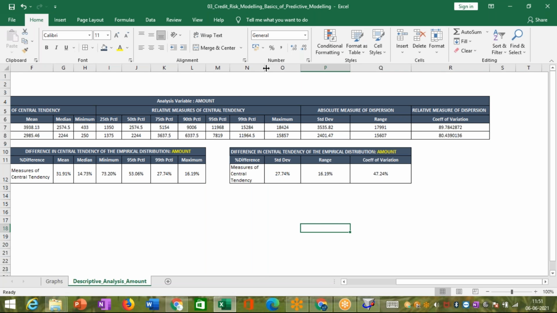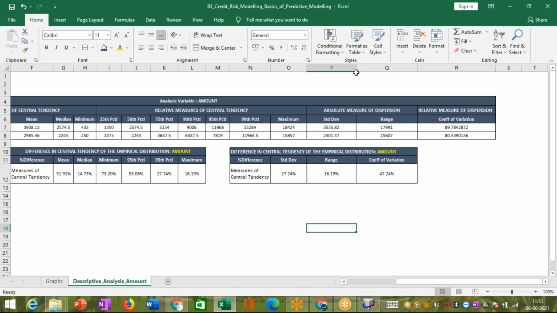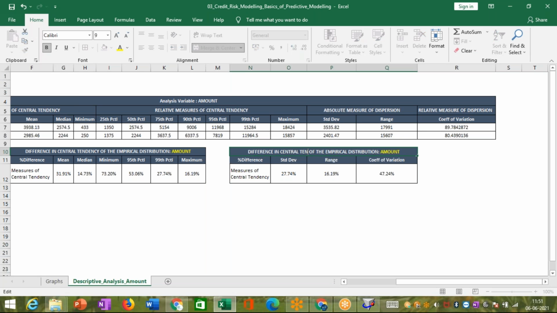So this is the central tendency. This will be the dispersion. These are the measures of dispersion of the empirical distribution of the amount.